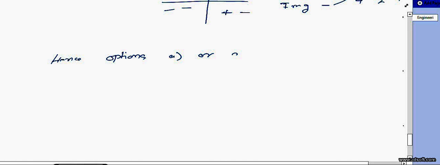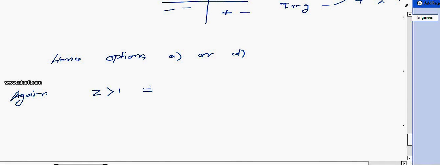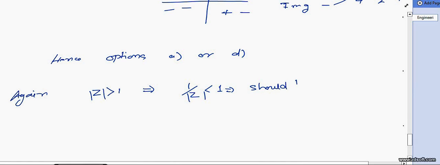Hence option A or D. Again, z is greater than 1, this implies 1 by z is less than 1.